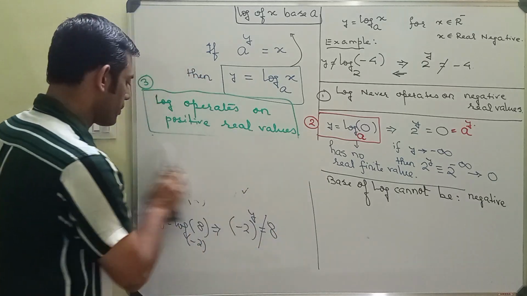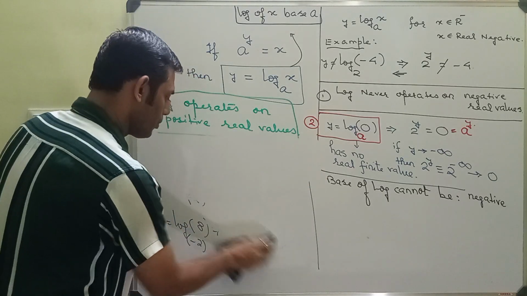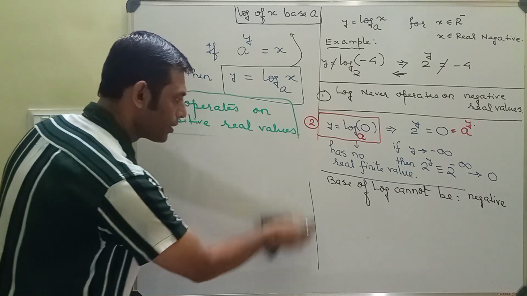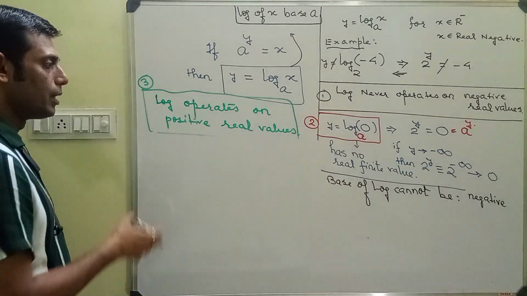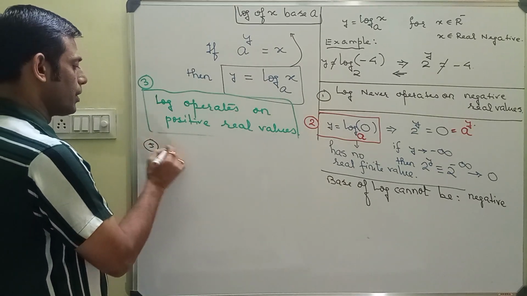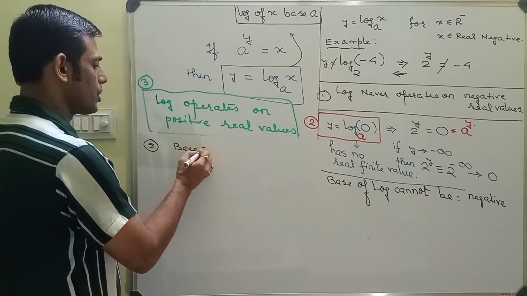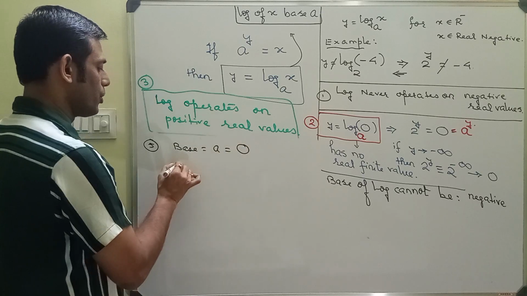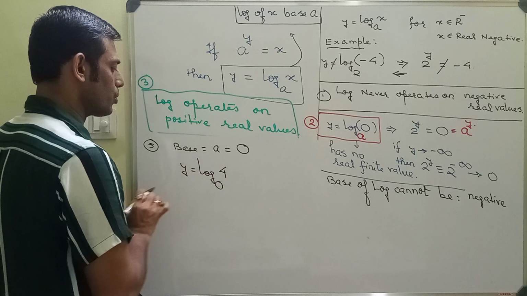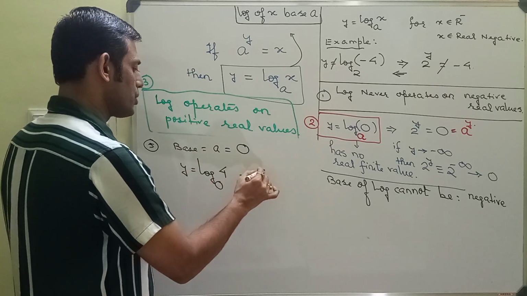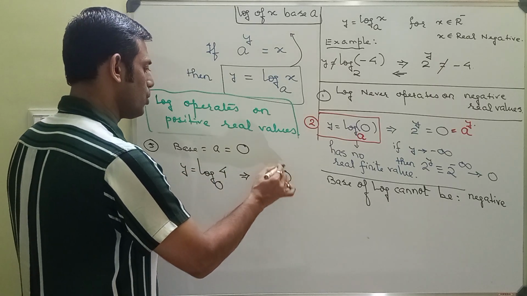Can the base of log be 0? You can instantly make a thinking over here. Base of log, if it is equal to 0, then what would happen? Now see, dear, point number 5. If base becomes equal to 0, you are talking about log 4 base 0, and that alternately means 4 is equal to 0 power y.